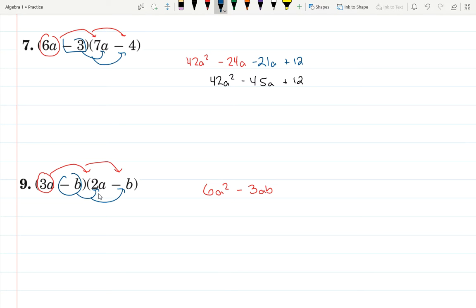Negative b times 2a is a minus 2ab, and keep it alphabetical so it's easier to combine these like terms. Negative b times negative b is a plus b squared. So as we write this as a simplified answer, we're left with 6a squared. We have minus 3ab minus 2ab, that's minus 5ab plus b squared.